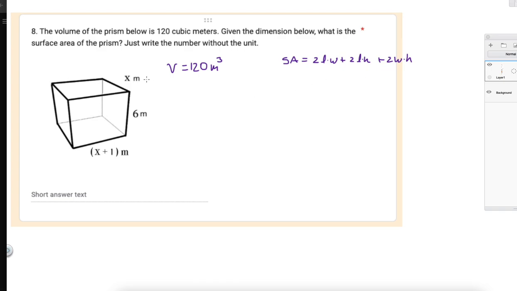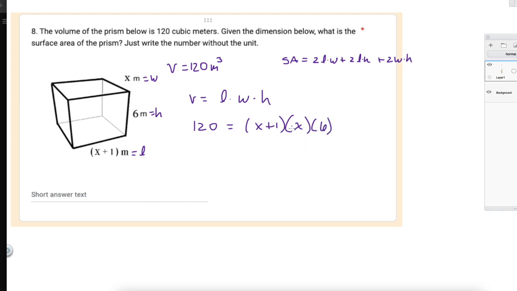So we need to find these dimensions here, length, width, and height, in order to get the surface area. So let's take our volume equation and substitute what we got. Width is x, and the height is 6.